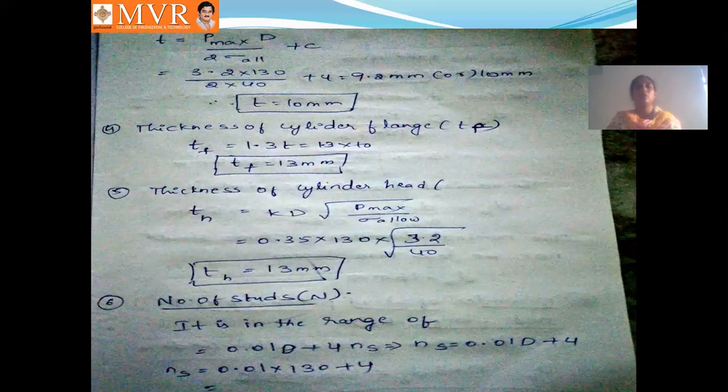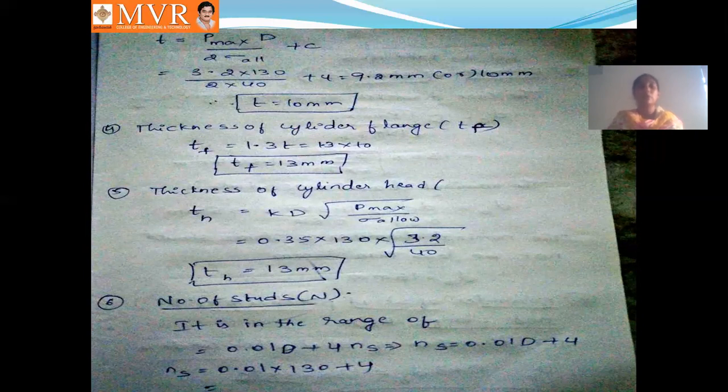D we found as 130. In the question, the allowable stress is also given as 40, plus the C value we take as 4. Simplify, and you will get the thickness of the cylinder: T is equal to 10 mm.